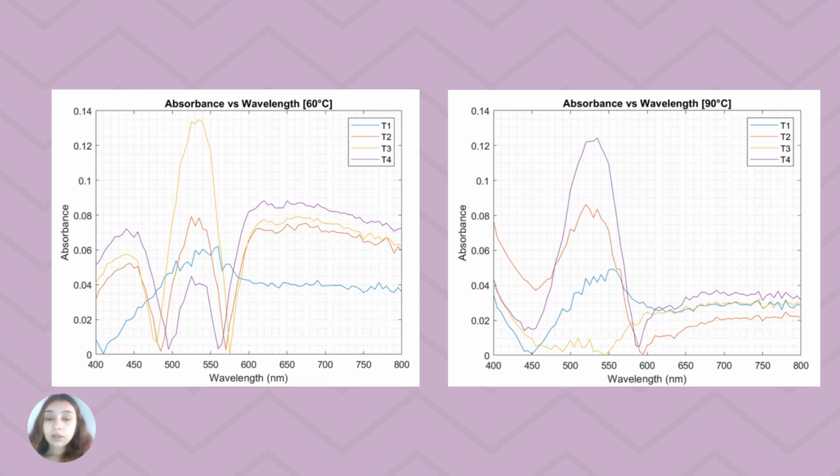And for the graph of 90 degrees Celsius, for the times of 4 minutes, 2 minutes, and 1 minute, the maximum absorbance was also between 500 and 550 nanometers of wavelength, and for the time of 3 minutes was between 700 and 750 nanometers of wavelength.